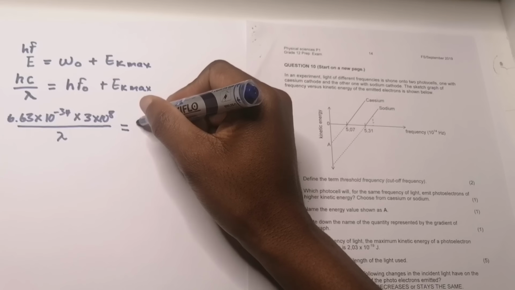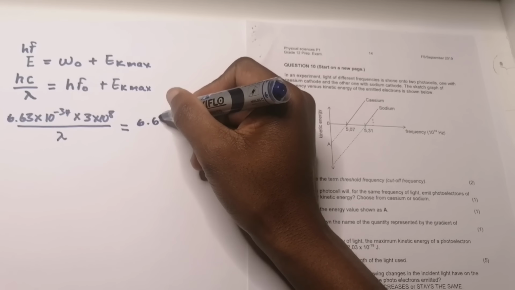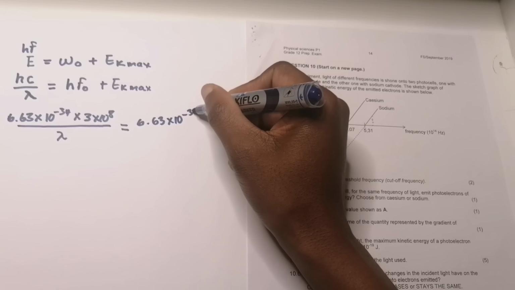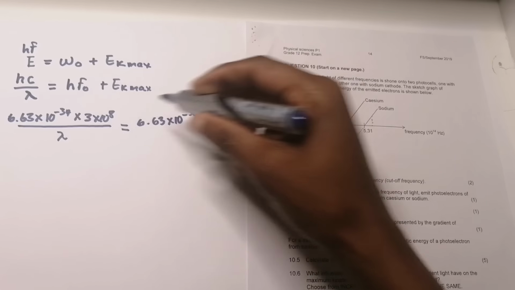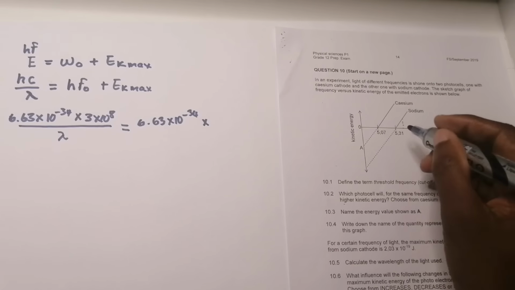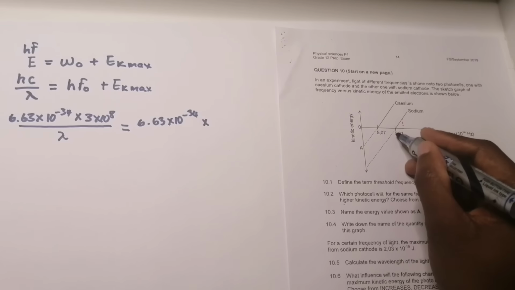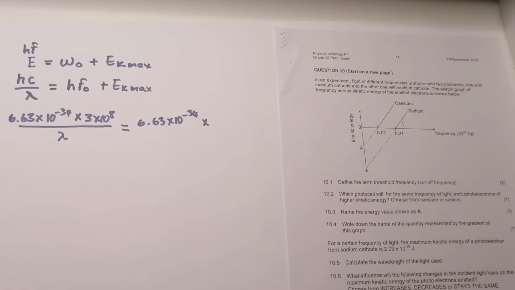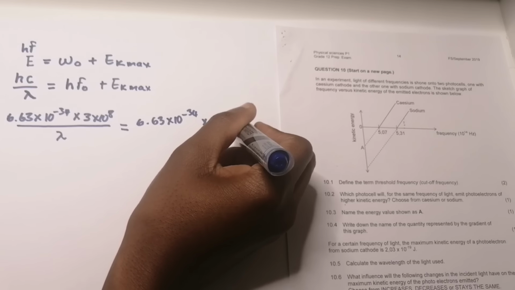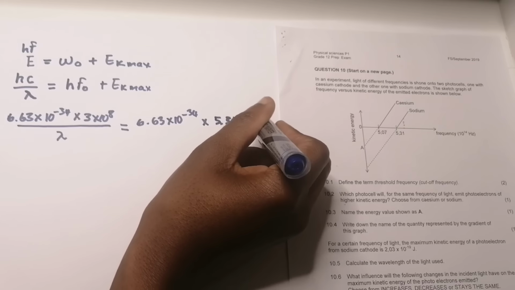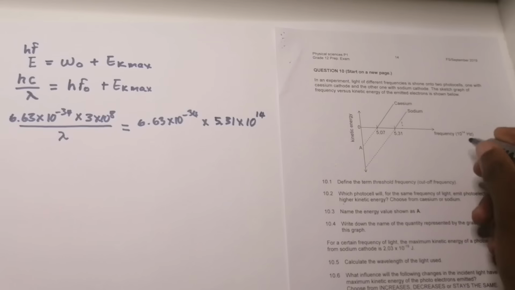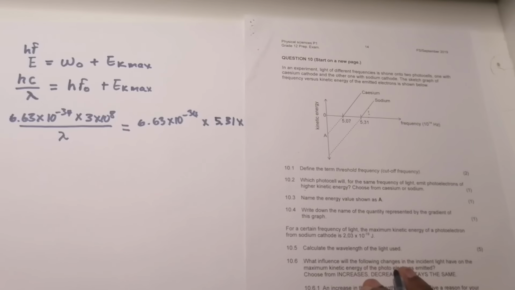So we're going to say this is 6.63 times 10 to the minus 34 multiplied by our f0 value, 5.31 times 10 to the power 14. I just showed you why that is the case. There's our scaling factor over there.